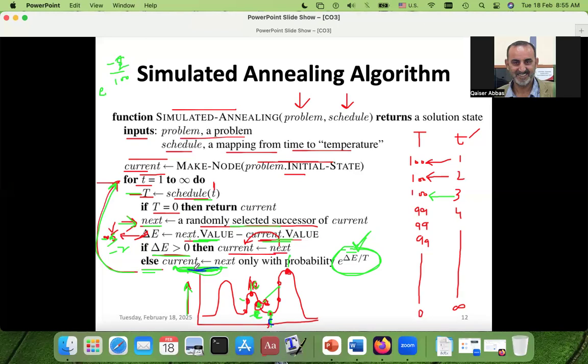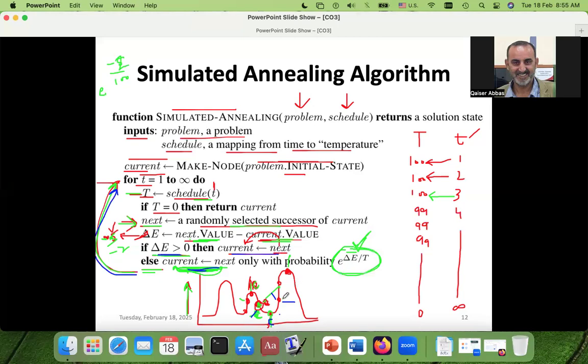After having this assignment, this will become my current, and in this way you will go again to this loop, and then you will take the values again, and then you will take the difference. For example, now the next neighbor is this and this, and if you select this, the value would be higher than this point, and it would be positive, and then you will execute this statement.